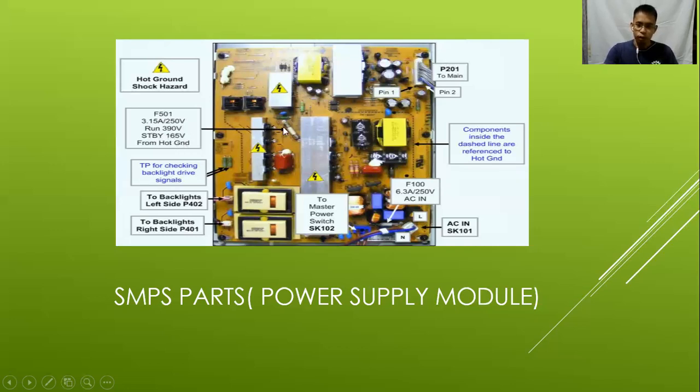Okay, the purpose of the fuse is to protect the entire circuit from short circuit or overload. So siya po ang unang magpo-protect kapag mayroon doong fault sa sinusuplayan or doon sa ibang component sa power supply circuit.